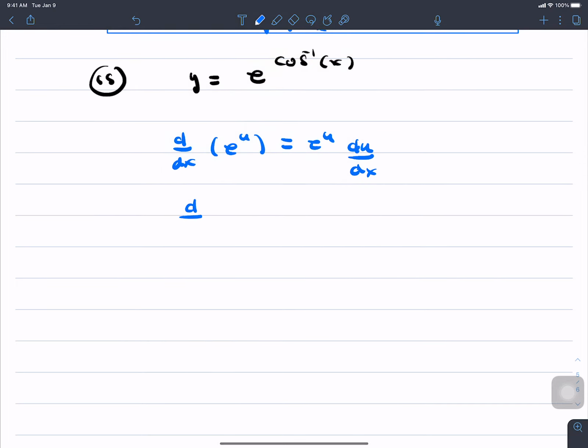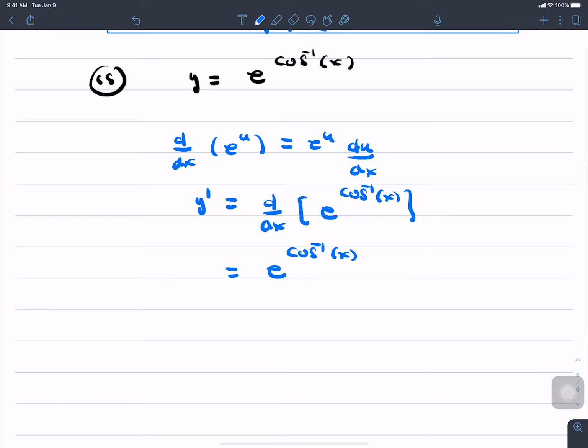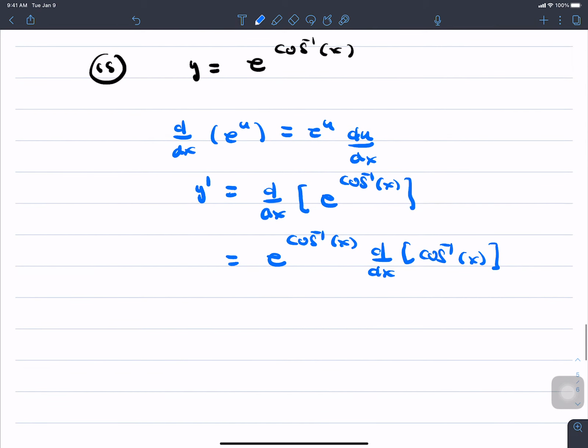So then we get y prime going to be that derivative of e to the inverse cosine x, which is e to the inverse cosine x times d dx of inverse cosine x, negative 1 over the square root 1 minus x squared.